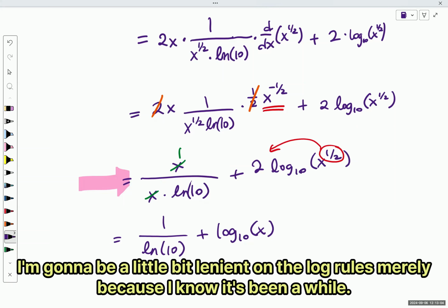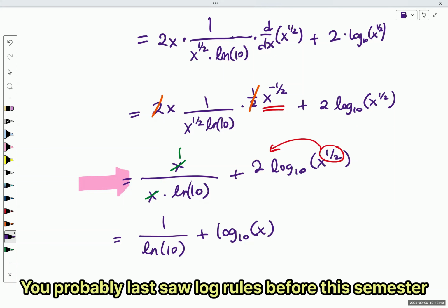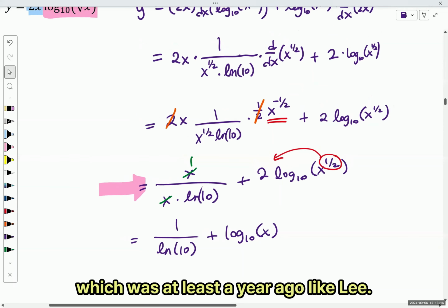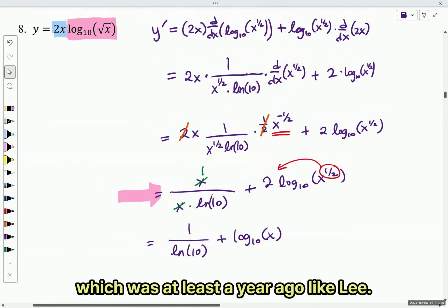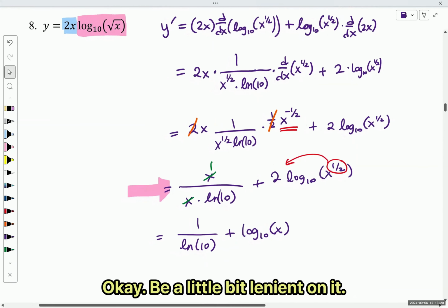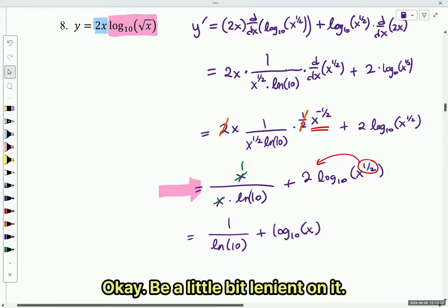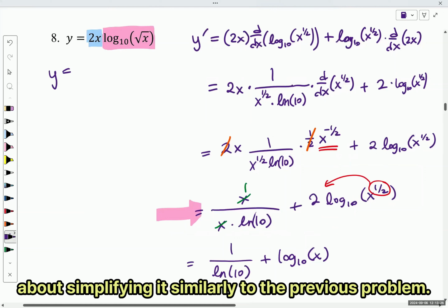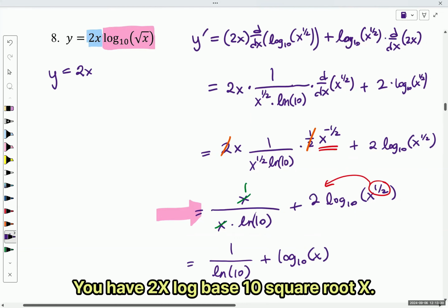I'm going to be a little bit lenient on the log rules merely because I know it's been a while. You probably last saw log rules before this semester in what, college algebra or pre-calc, which was at least a year ago, likely. Okay, so I'll be a little bit lenient on it. What I was thinking earlier about simplifying it similarly to the previous problem, you have 2x log base 10 square root x.